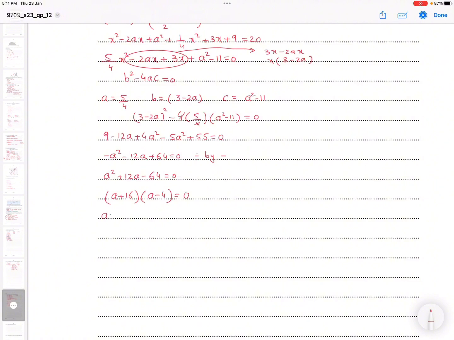So my a equals negative 16 and my a equals positive 4. So this is already there, so no need to use this. So my final answer would be a equals minus 16.